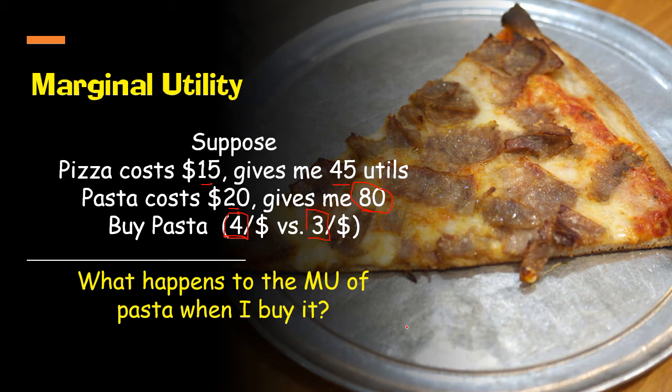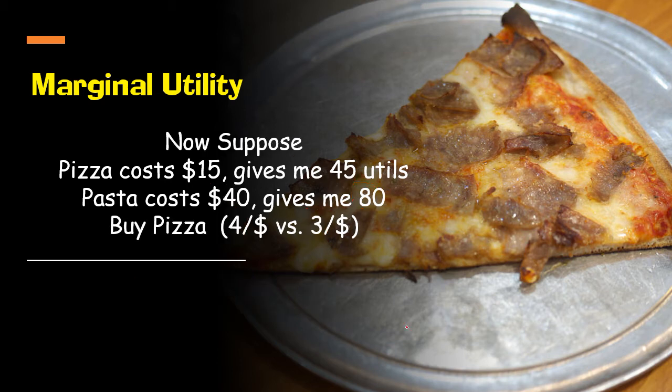If it drops to 50, I'm going to buy the pizza. If it only goes from 80 to 70, I'm going to buy pasta again next time I go in. Okay? But every time we buy something, our marginal utility of that thing goes down, and that makes us likely to buy something else next time, to do something different. Variety is the natural way of people's lives.